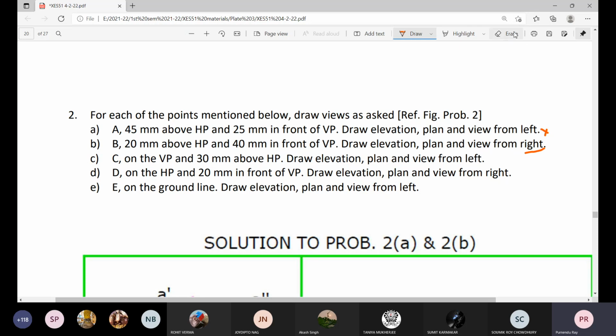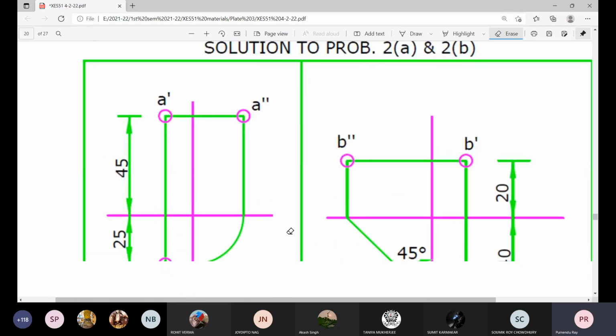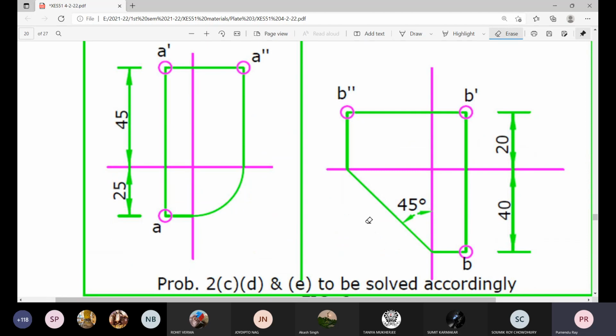Please remember that when you need to show the view from right, you have to put it on the other side. Formalities are the same: at the same height from the horizontal plane, at the same distance from the vertical plane as in the plan. So this distance will be 40 millimeter and this distance will be 20 millimeter.